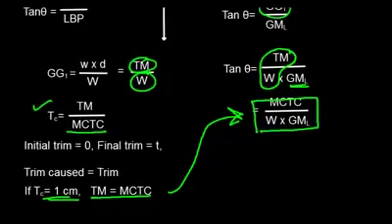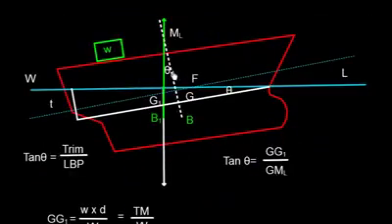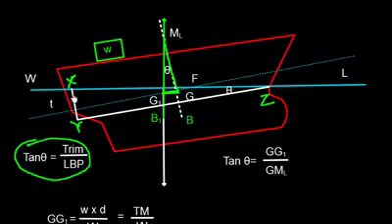So we have two relationships here. By the way, this angle is theta and this angle is also theta. So we have two triangles here, say X, Y, Z, and there is another triangle, which is G1 and GML, and both these triangles are similar and their properties can be verified by simple geometry. So here tan theta is equal to trim by LBP, where I'm using this triangle XYZ, and tan theta is equal to GG1 by GML, where I'm using this triangle.